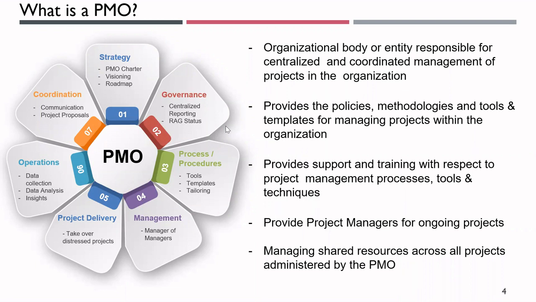If any project manager or any project is in distress, the PMO would be the first point of contact to seek guidance or assistance. I feel that is a strong mandate which the leadership has to give to the PMO, and also to the delivery heads. Because if you do not have that mandate, it will just remain a body on paper. So governance is the second important piece of a PMO, and it is very vital.